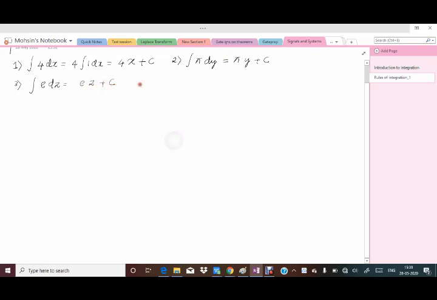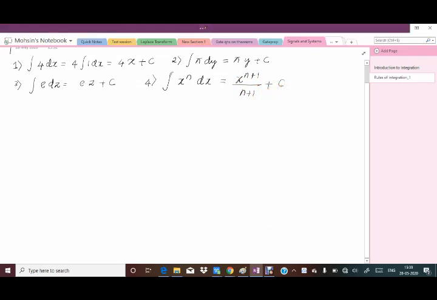Now, likewise, suppose there is a function x raised to n, evaluated with respect to x. From this integration we obtain x raised to n plus 1 divided by n plus 1, plus the constant c.